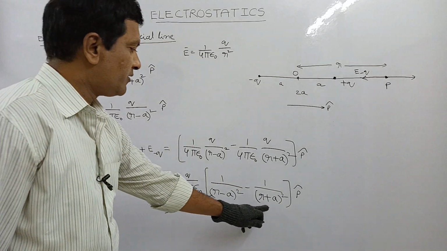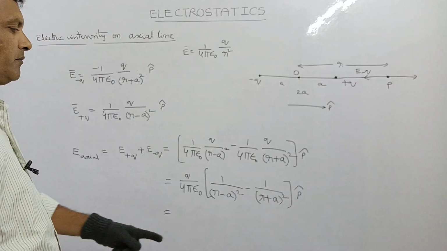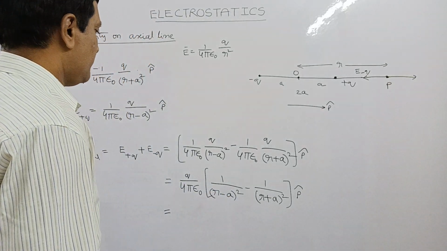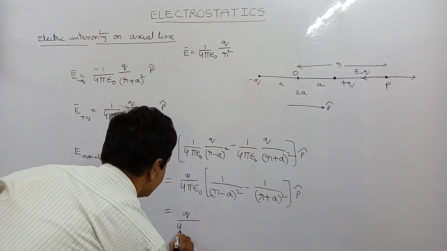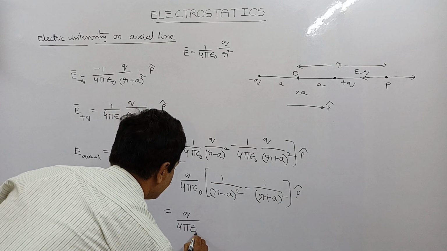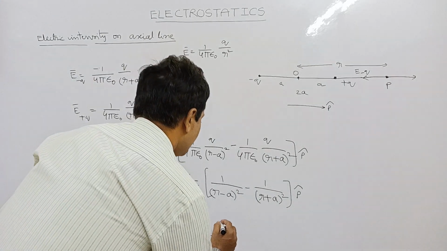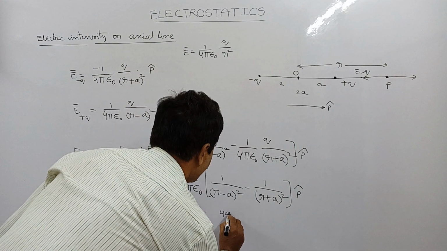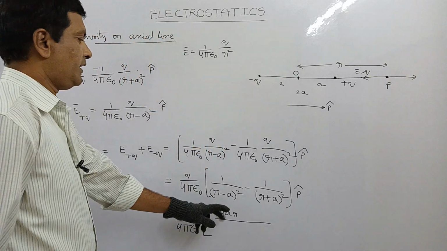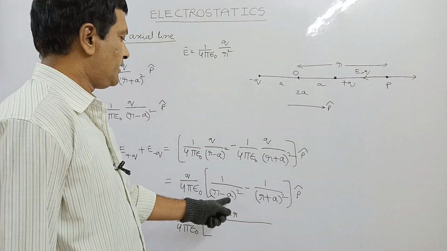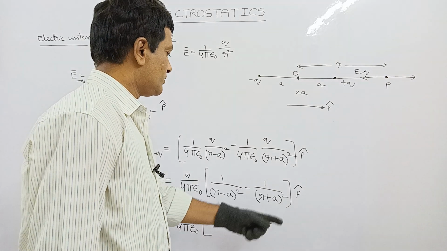If you take the common factor of these two, (r minus a) whole square plus (r plus a) whole square, so this becomes 4ar. I have taken a direct step. This means (r minus a) whole square goes to (r plus a) whole square.